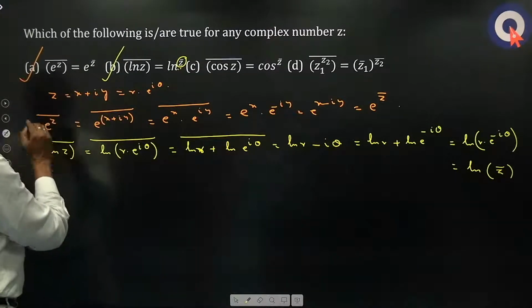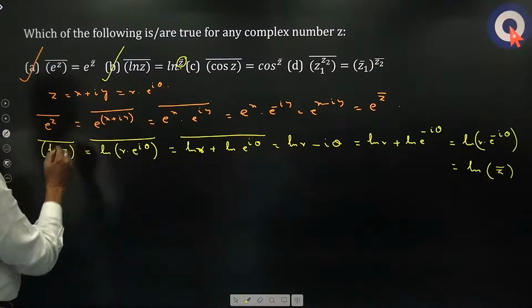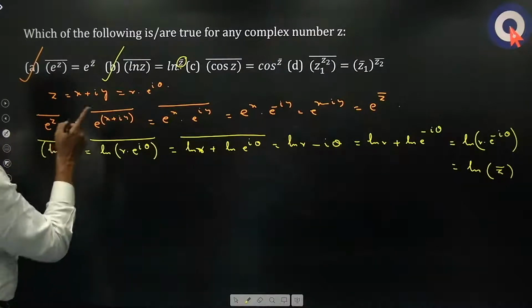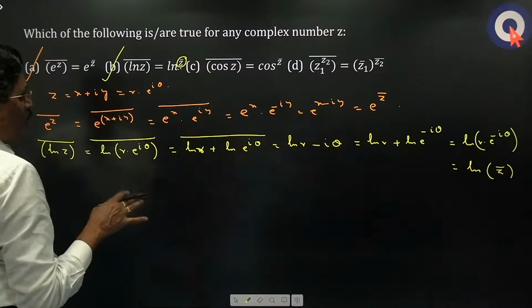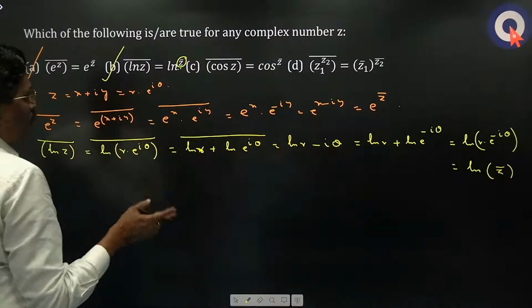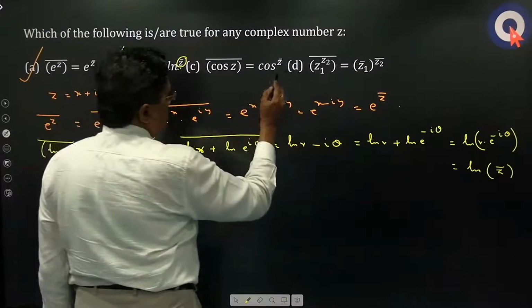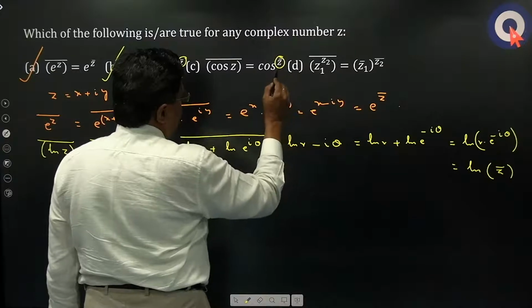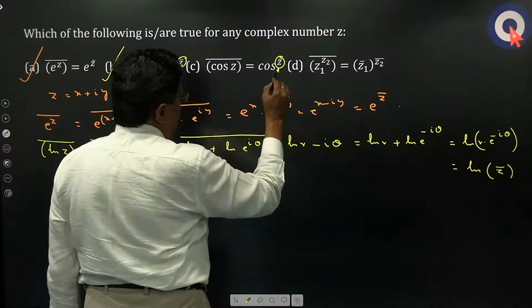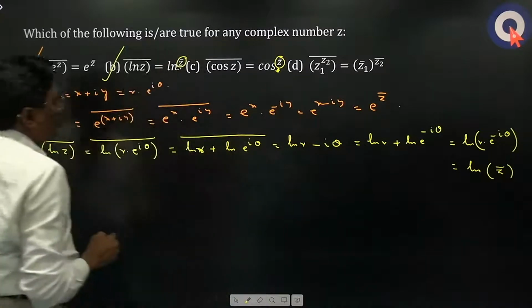All right. The next one is the conjugate of cos z, which is cos z bar.